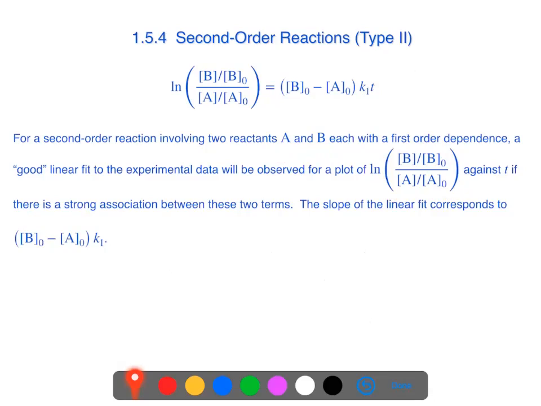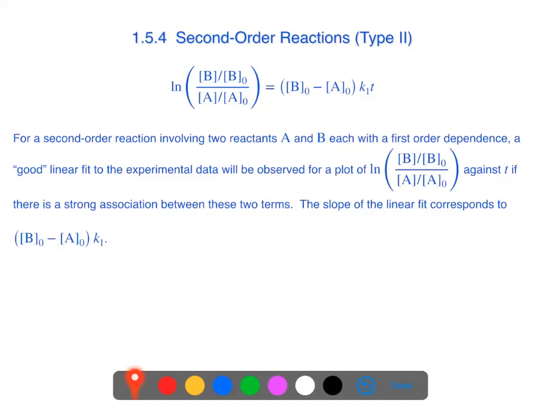And the slope of the linear fit corresponds to the product of the rate constant and this term delta, which is the difference between the initial concentration of B and the initial concentration of A. You can also calculate the half-life with respect to either species A or species B using this particular expression. But I'm going to leave that for an upcoming assignment.